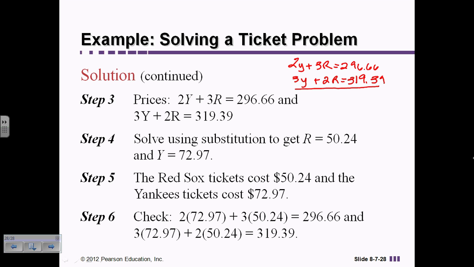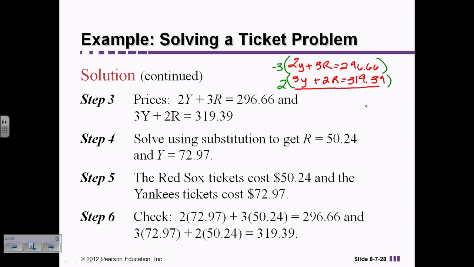If I'm just going to look at the y's because it's the easiest, the only way to get them to be opposite is to multiply the top equation by -3 and the bottom equation by 2. The reason that we multiplied the first one by -3 is because we want them to be the same number but opposite signs. So I made the first one negative. I could have just as easily made the second one negative.